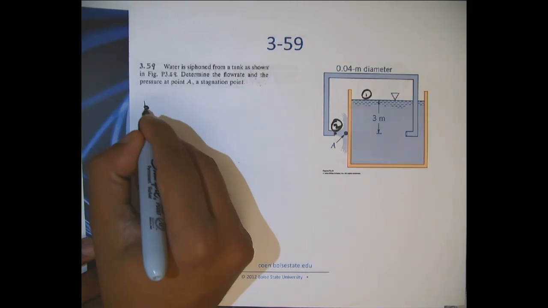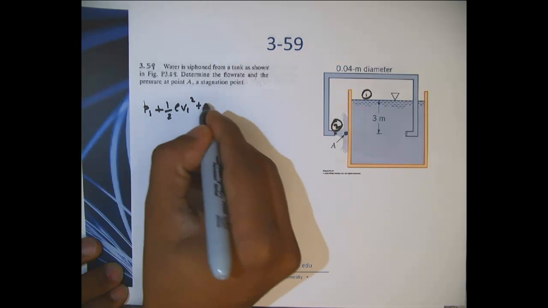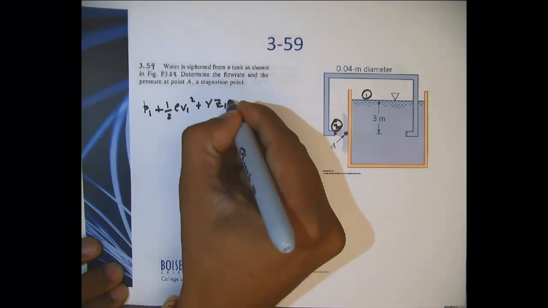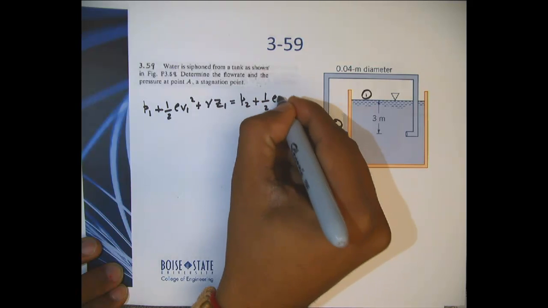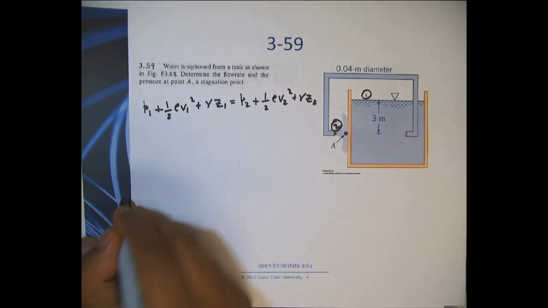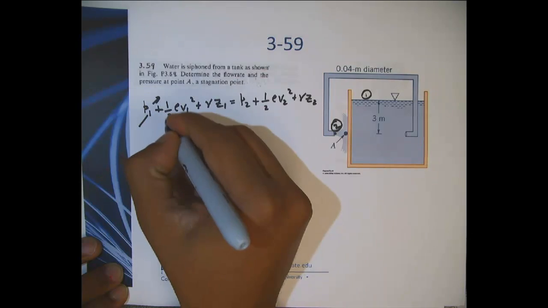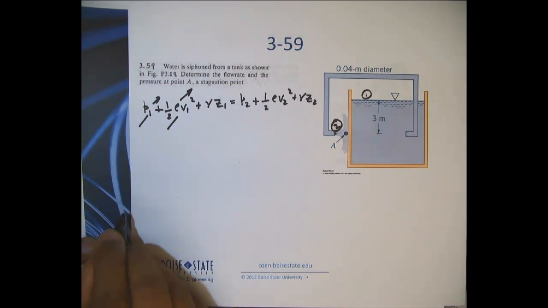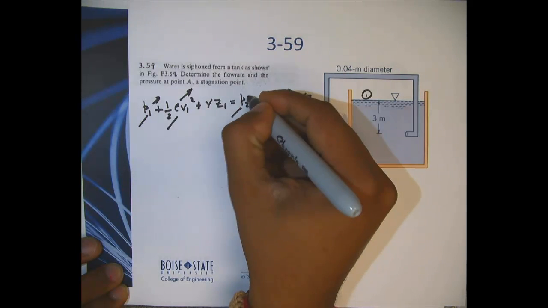Let's see. So I have P1 plus half rho V1 square plus gamma Z1 equals P2 plus half rho V2 square plus gamma Z2. So we know P1 is 0 gauge. For large tanks, V1 is 0. P2 again is 0 gauge.